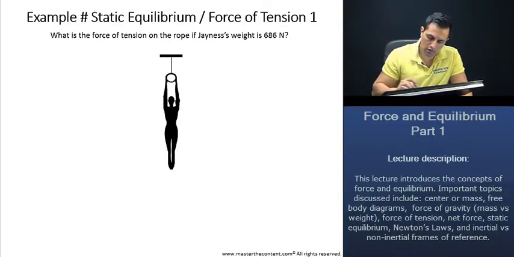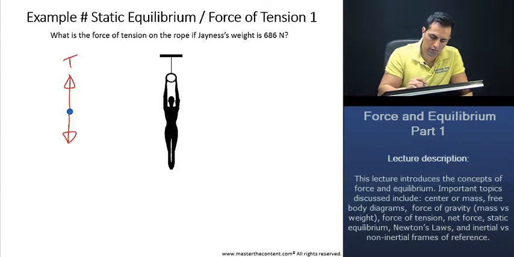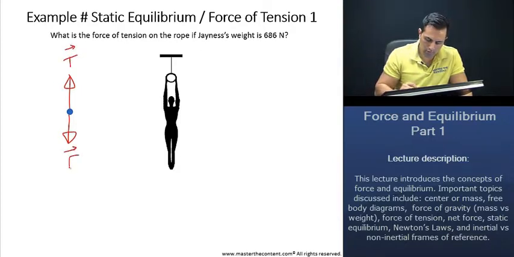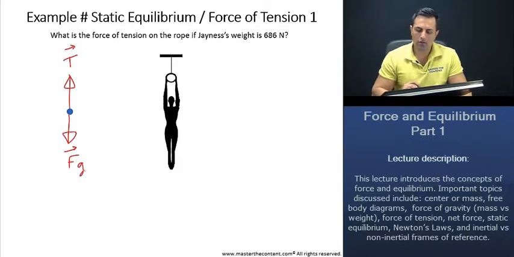Because if we look here at our free body diagram, we're going to have two forces that we're working with. We're going to have the force of tension on the rope, and we're also going to have the force of gravity, also Janus's weight in this scenario.